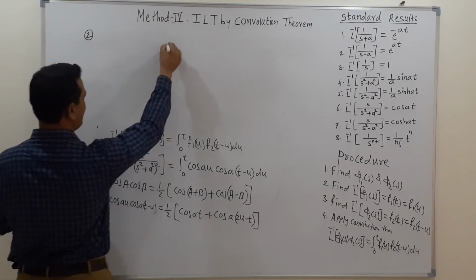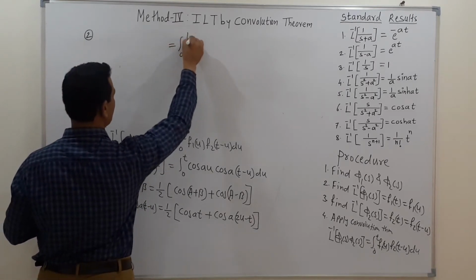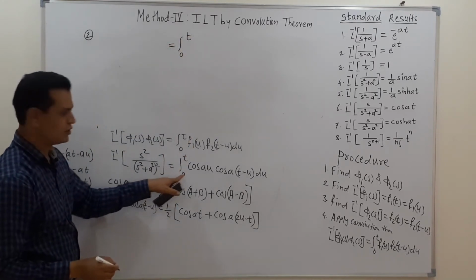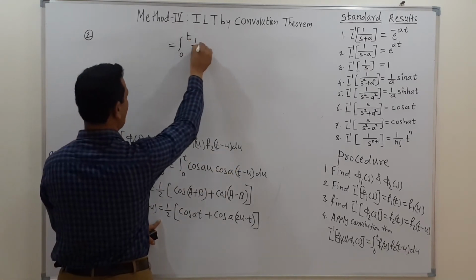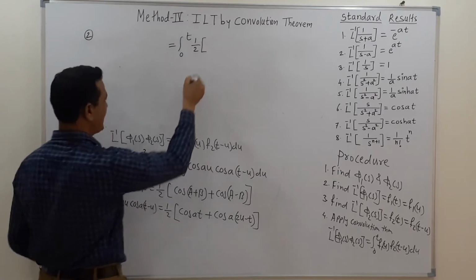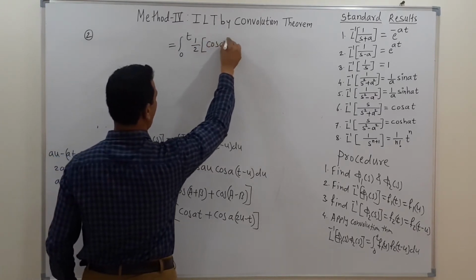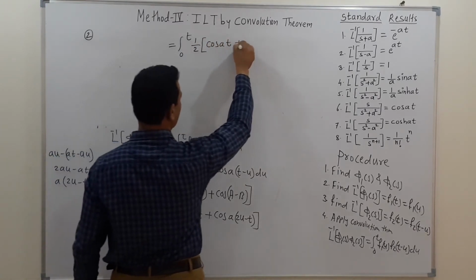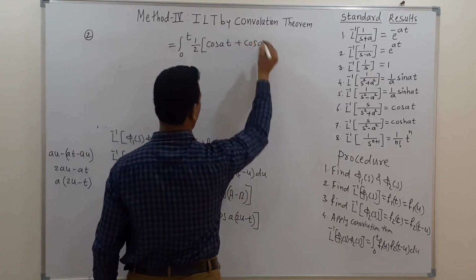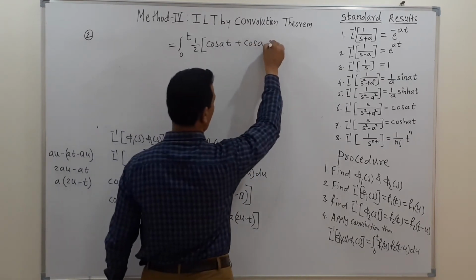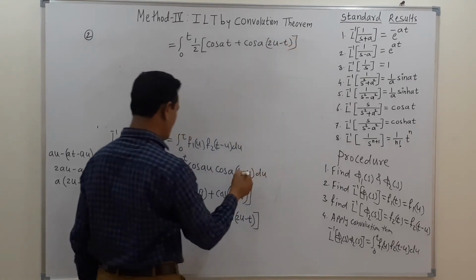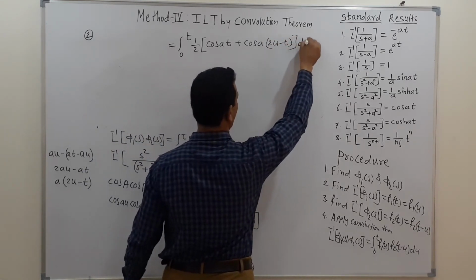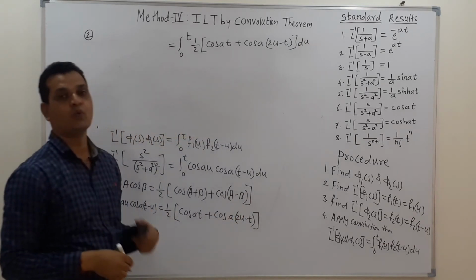We can write this as integration 0 to t of 1 upon 2, then in brackets cos of at plus cos of a times (2u minus t), du, because we are integrating with respect to u.